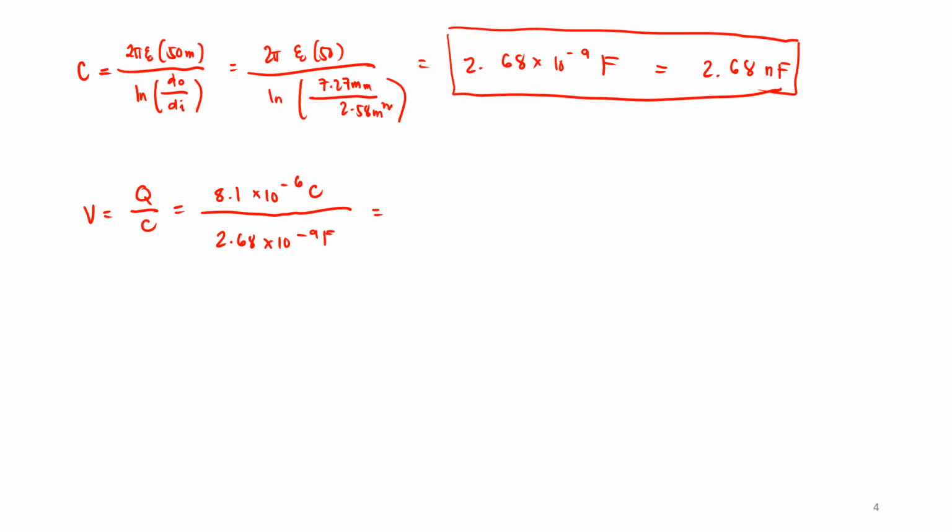So this is equivalent to 3018 volt. So this is the potential difference between the two conductors in our cylindrical capacitor.